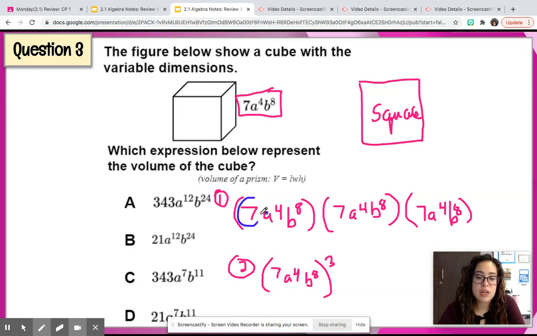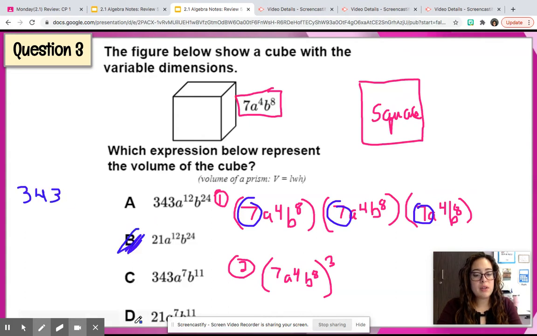So I'm going to multiply 7 times 7 times 7. So I'm going to use my calculator. So let's see, 7 times 7 times 7 is 343. So it cannot be B, cannot be D.